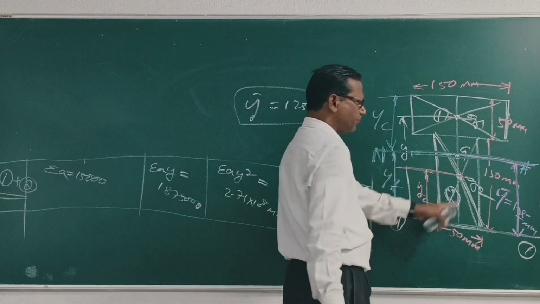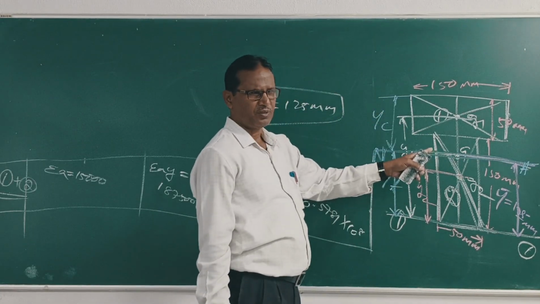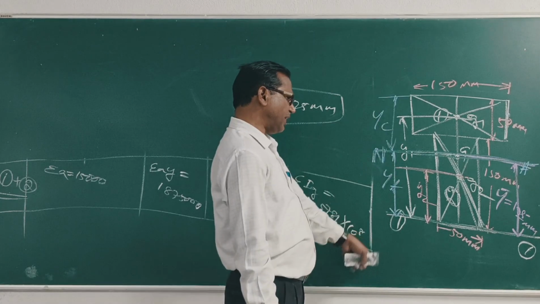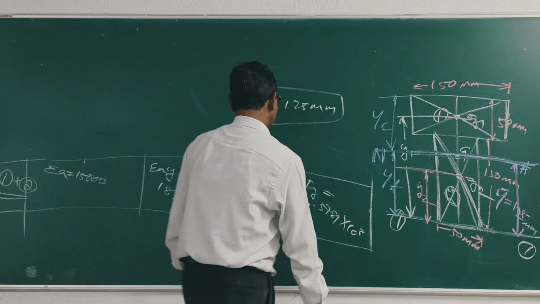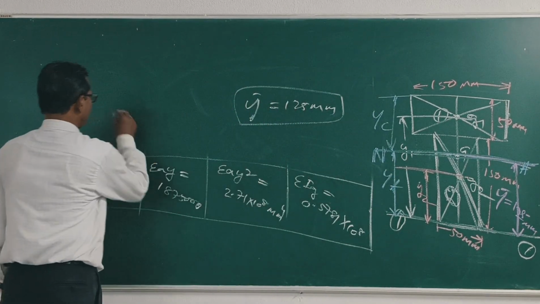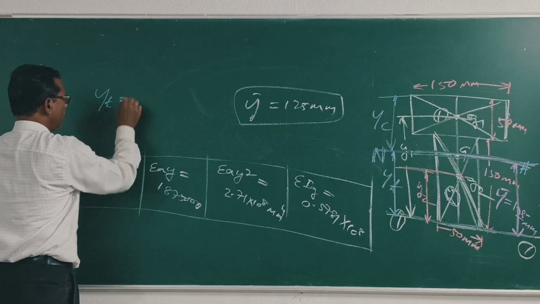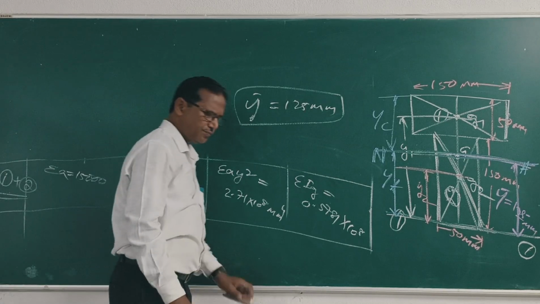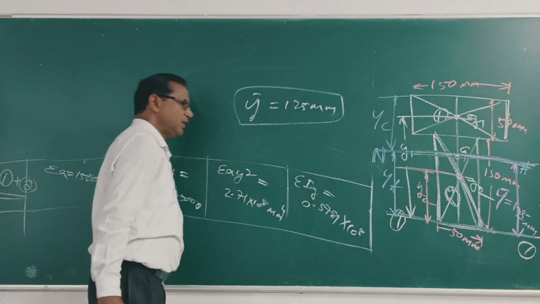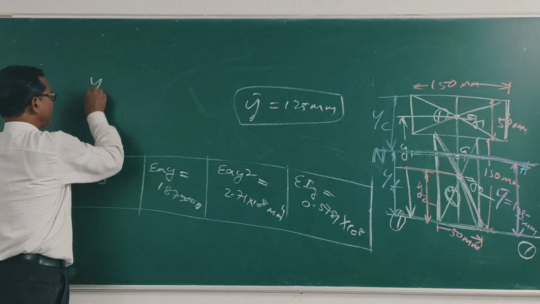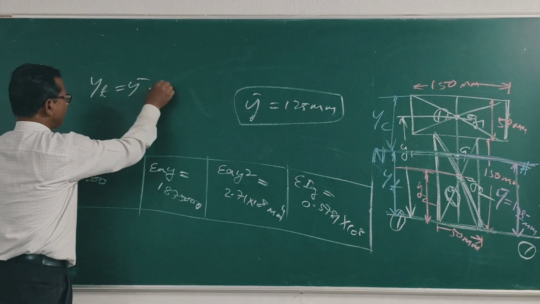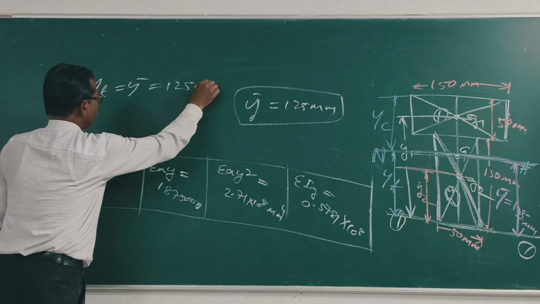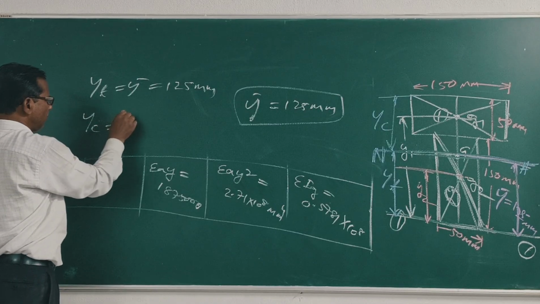Total depth is 150 plus 50, 200 mm. So what is YT equal to? Here YT is equal to y bar, which is 125 mm. YC is equal to 200 minus that.